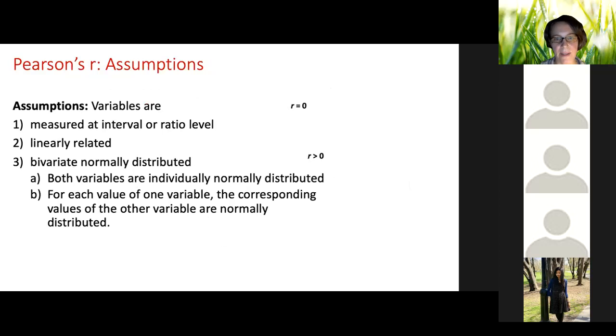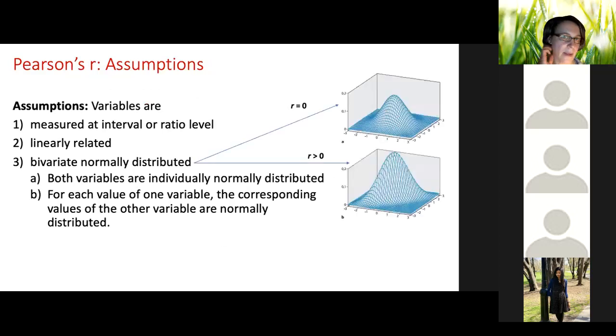Again, when we calculate the correlation and want to calculate confidence intervals and run significance tests, we have to make sure that certain assumptions are met. The first assumption is that our variables are measured at interval or ratio level.